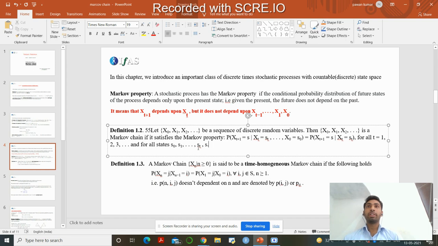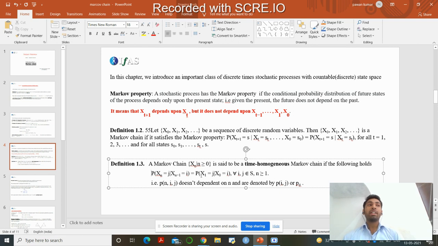Now I will define a time homogeneous Markov chain. There are two types of Markov chain: time homogeneous and time non-homogeneous. A Markov chain X n is said to be time homogeneous if the following holds. What is the meaning of this? The probability of X n equal to j given X n minus 1 equal to i is the same as the probability of X 1 equal to j given X 0 equal to i.